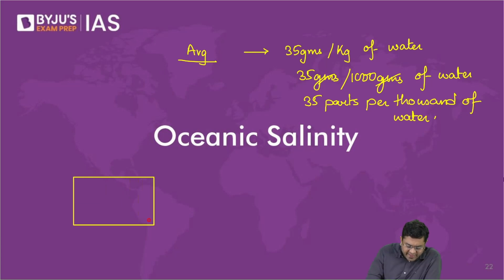Okay. Right. And now we come to the portion of oceanic salinity back again. So, when we talk about oceanic salinity, it represents the amount of salt contained in the oceanic water. So, let us simplify this. Let us break this down.